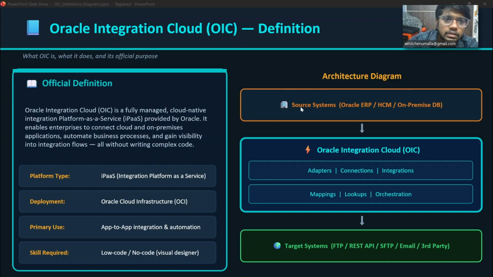So you see the source system, we can manipulate data in OIC and then send to target systems like FTP, REST API, email, third party, or other adapters like ERP or SAP or LinkedIn. A lot of adapters are available. So we can manipulate that data and import it to third parties. So that's the official definition.